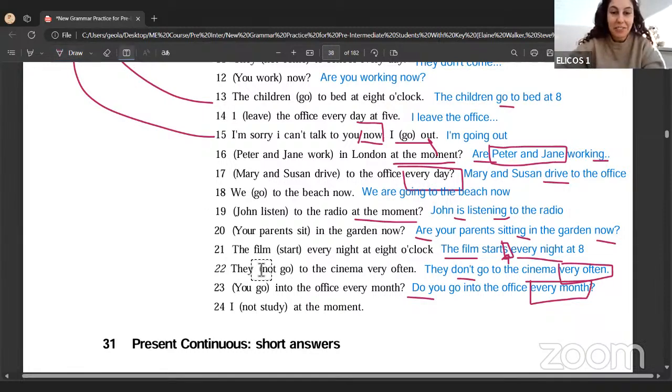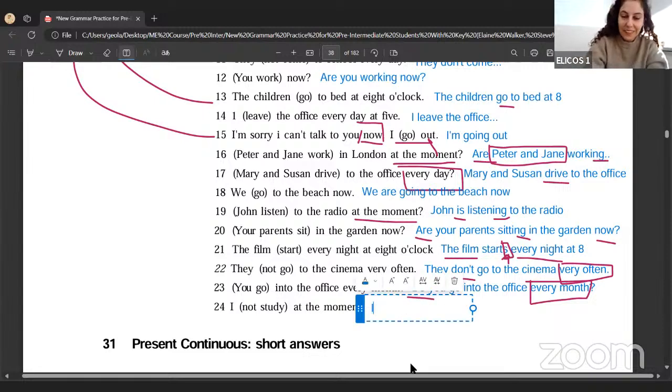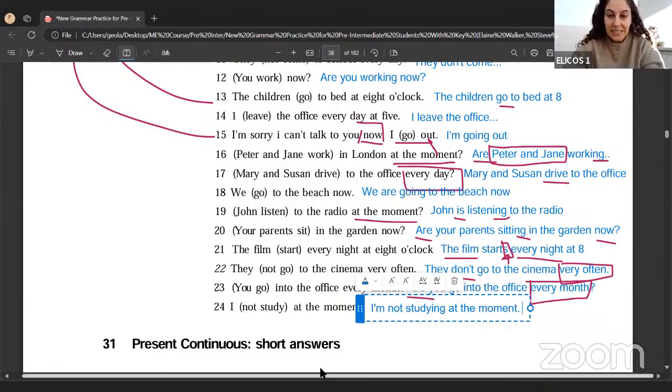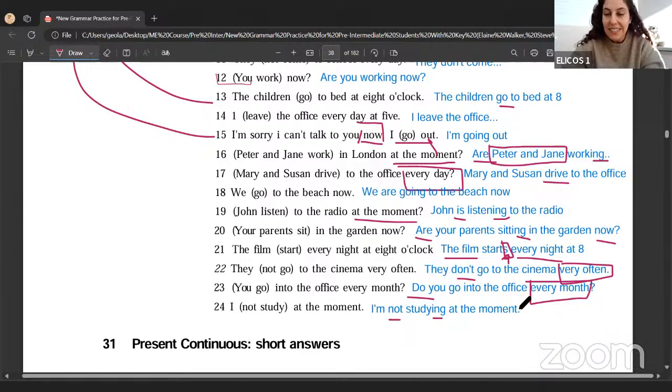And the last one, 24. I'm not studying at the moment. Yep, so we can see it's the continuous, it's a negative continuous because we've got the word not, the ing, and especially it says at the moment. That means now. I'm not studying now. Not every day, every week. Now, I'm not studying. So continuous.